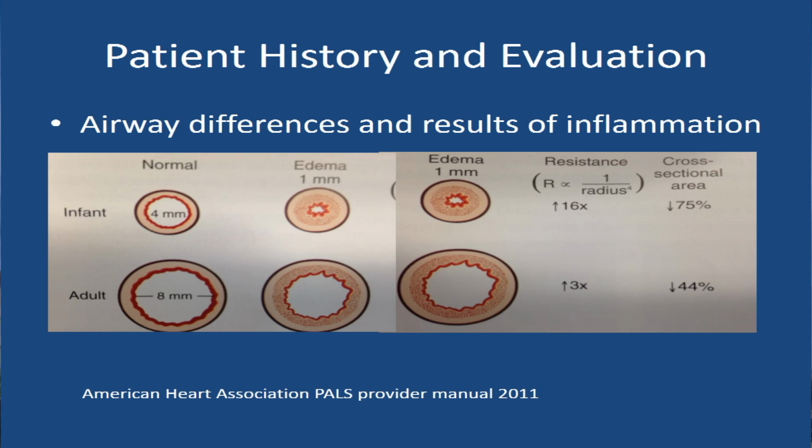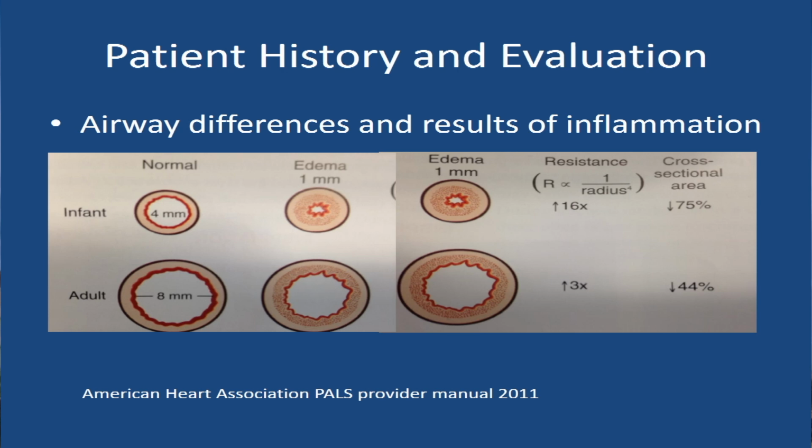In the adult below, the large lumen of 8 millimeters allows this person to breathe exceptionally well in the presence of inflammation. Not so with the child, because the child has a limited size based upon the development.